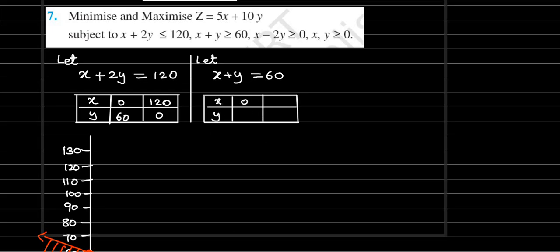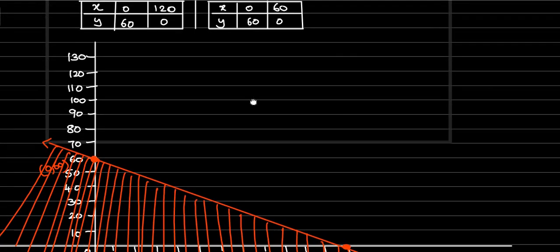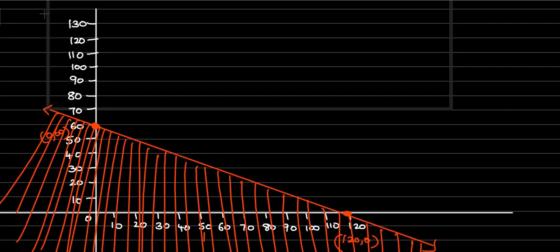If x is 0, the y value is 60. If y is 0, the x value will be 60. So 0 comma 60 and 60 comma 0. 0 comma 60 we already have, so same point. And the next one, 60 comma 0, we have here. Now connecting both these two points, we'll get the line of the next equation.